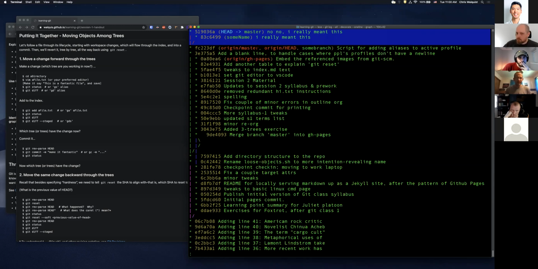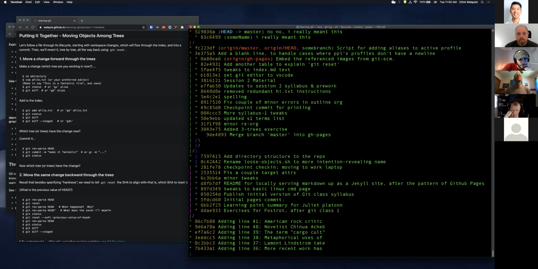Anybody want to take a swing at explaining what that all means? It looks like the red icons to the left, the color coding, the red means it was deleted or it's not referenced, and the green is where you're currently at for the head. Like these bars here? Yes.